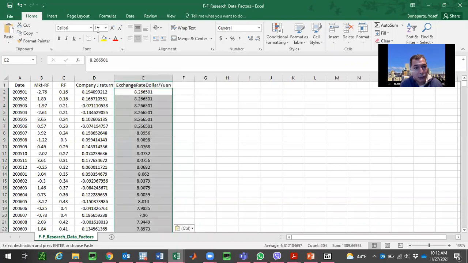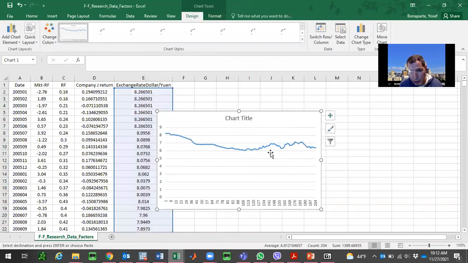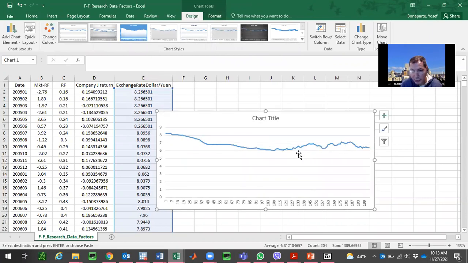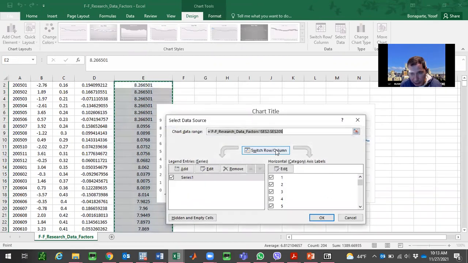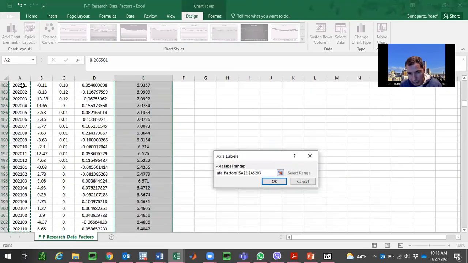Let me do this insert just to show you how the currency was. They talk about currency manipulation. Select data, Excel. Let's get this from here.